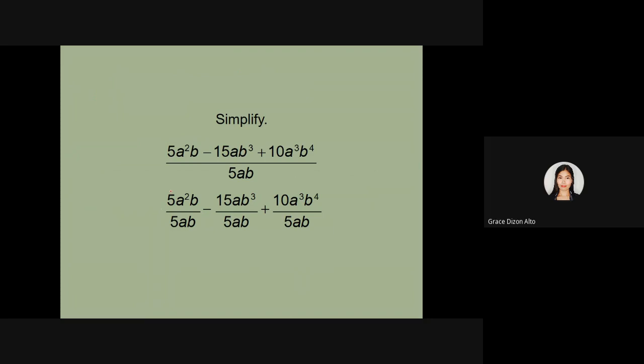So we will be dividing the numerical coefficients and we will be subtracting the exponents of the same bases. So we get 5 divided by 5 is 1, so we will not be writing it. A squared divided by a, so we have 2 minus 1 for the exponents, so we only have 1.